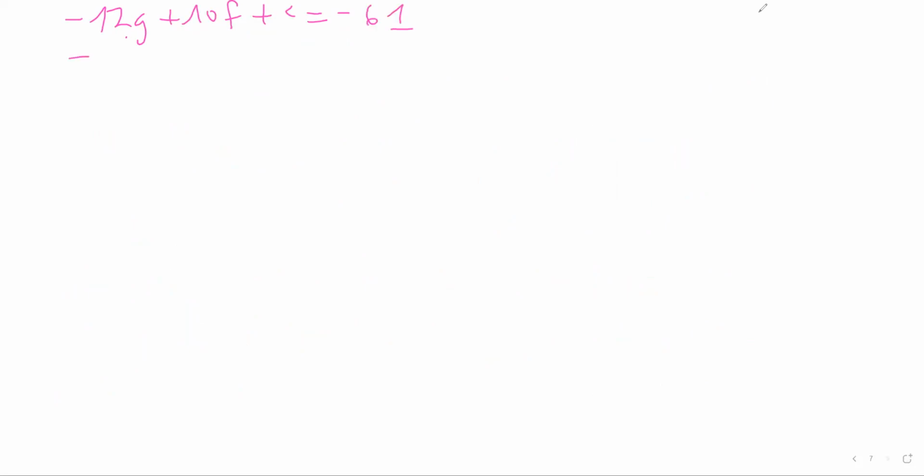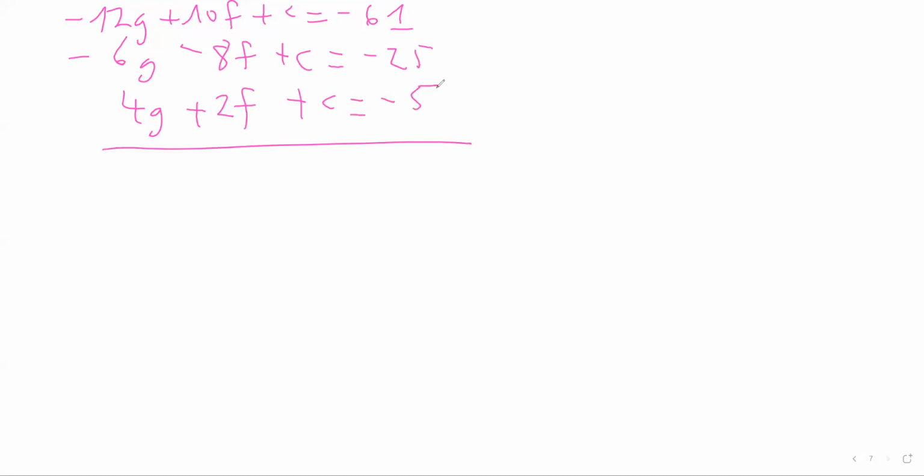You have -6g minus 8f plus c is equal to -25. Then you have 4g plus 2f plus c is equal to -1. So solve simultaneously.